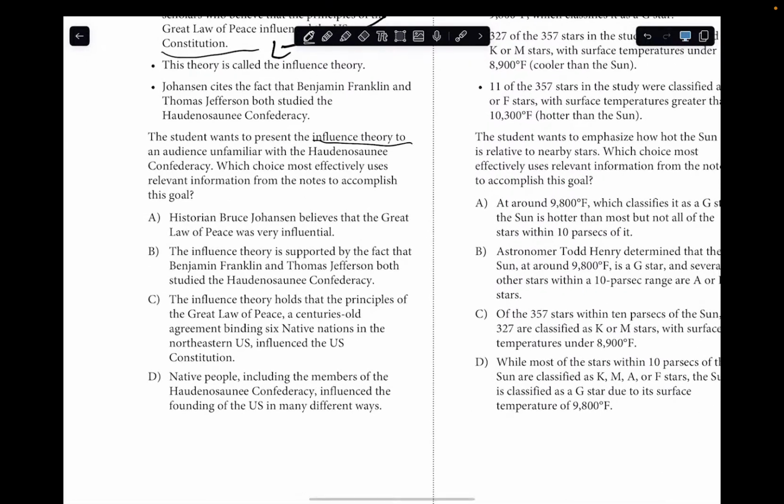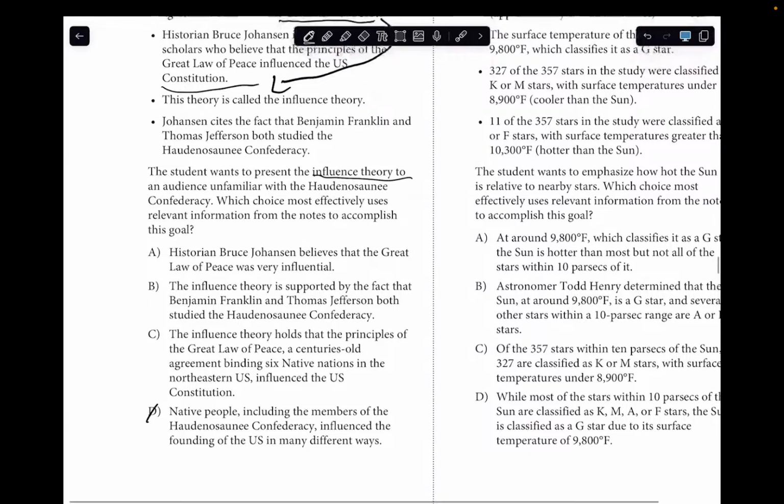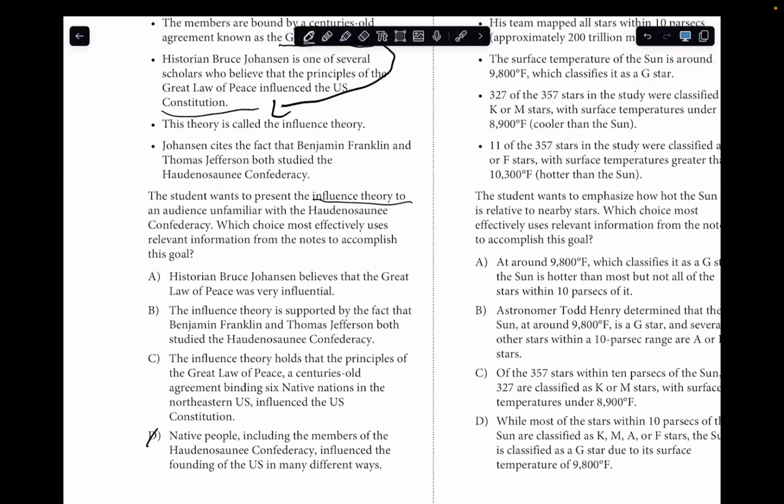Let's go from the bottom. D, Native people, including the members of the tribe, influenced the founding of the U.S. in many ways. I don't think that's probably the strongest choice. C, the influence theory holds that the principles of the Great Law of Peace, a centuries-old agreement binding 6 native nations in the northeastern U.S., influenced the U.S. Constitution.